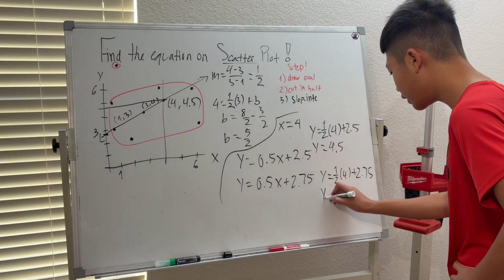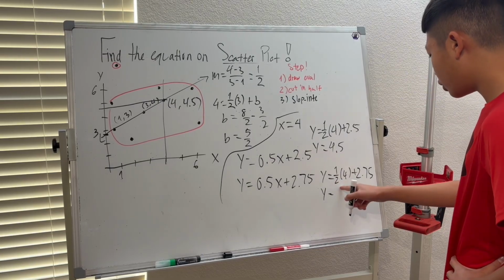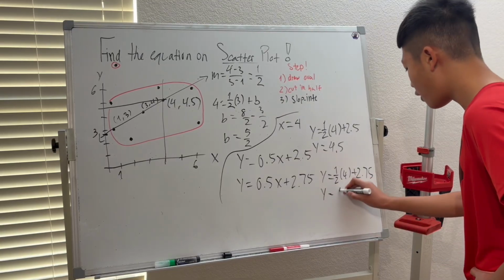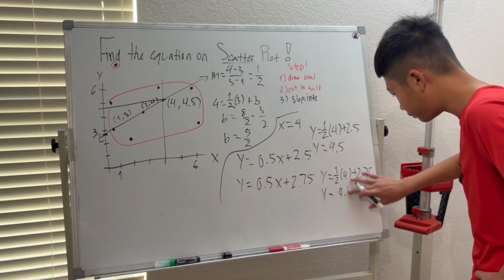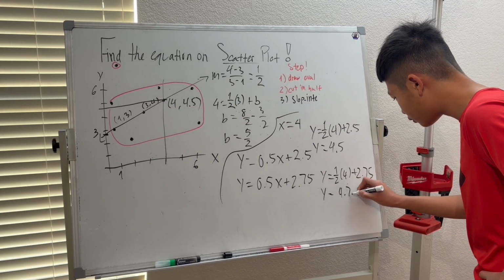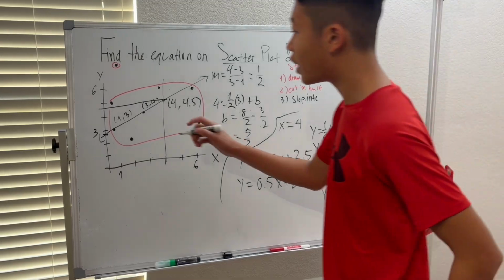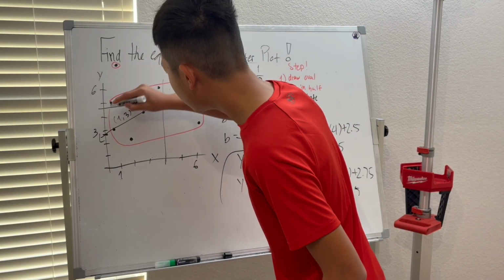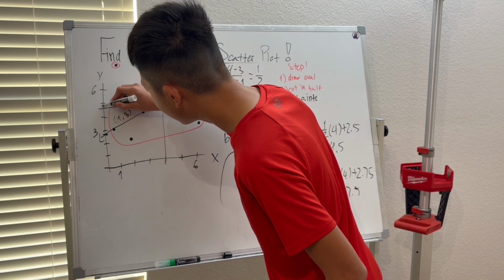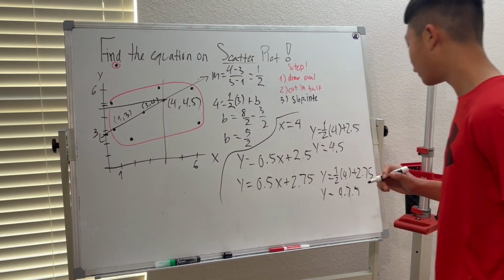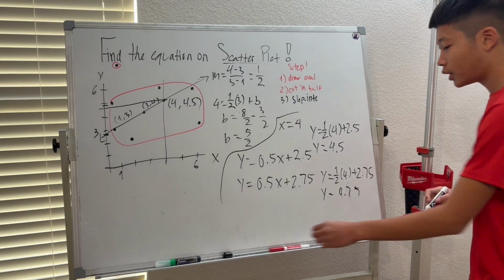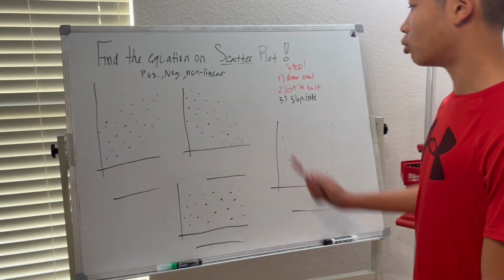So y is equal to half of 4 is 2, plus 2.75 is 4.75. So 2.75 is about right here, so this is half of it. So this right here should be 4.75. It's accurate enough to answer some of the questions on the board.